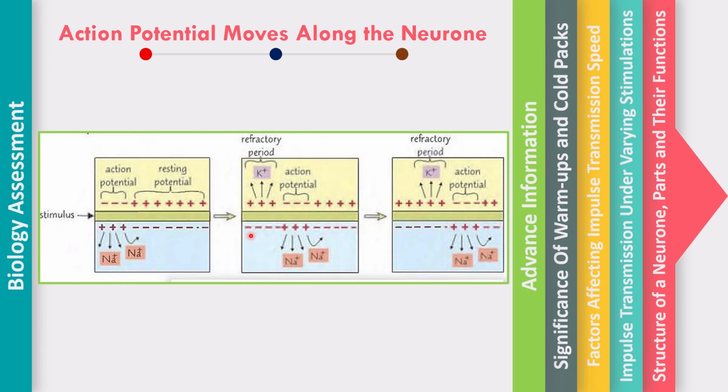Now, when the impulse has passed, the outside becomes positive and the inside becomes negative. That is hyperpolarization. That period is what we refer to as the refractory period, as the action potential is moving along the neuron.